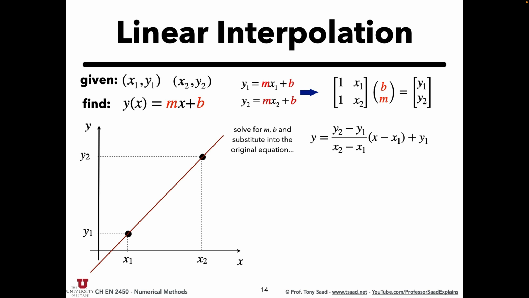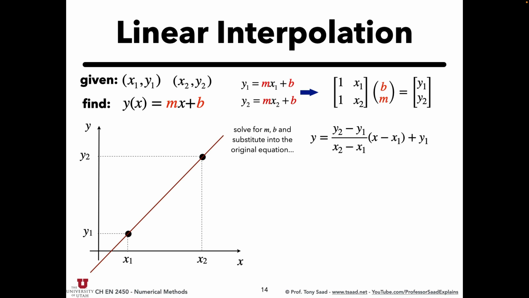So now with this equation for general straight line interpolation, given two data pairs, x1, y1, x2, y2, you plug those into this equation. You plug in the desired value for x, the unknown, and you'll get the value of y that you desire.